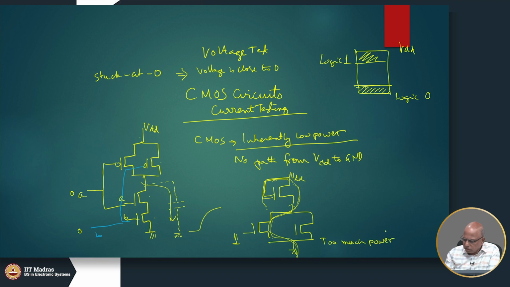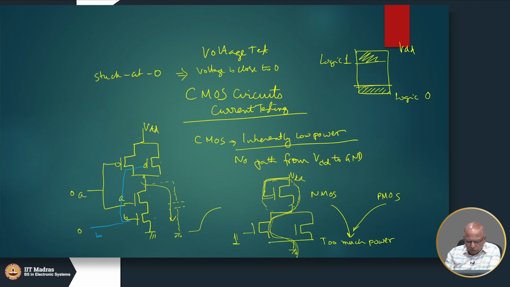This is an NMOS gate. The same is true for PMOS as well. PMOS suffers from the same problem, which is the reason why NMOS and PMOS are not used today.